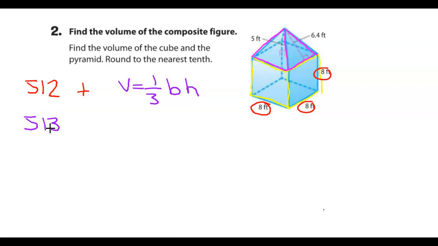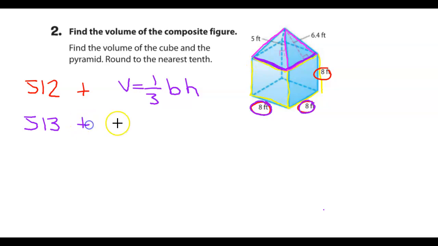The first thing we want to do is recognize what the base is. From here to here is 8, and from here to here is 8. So the base is going to be 8 times 8, which is 64.